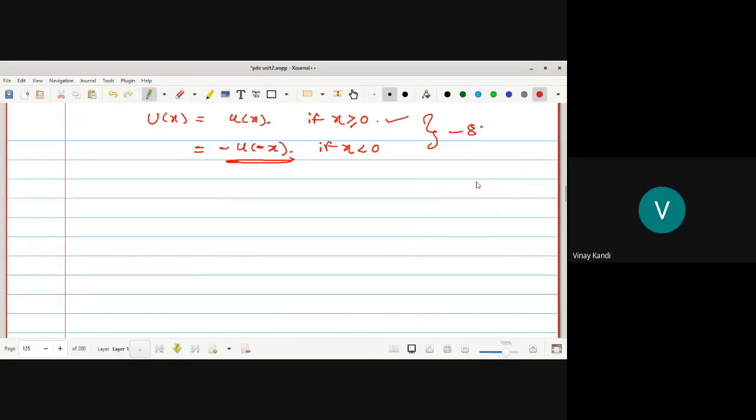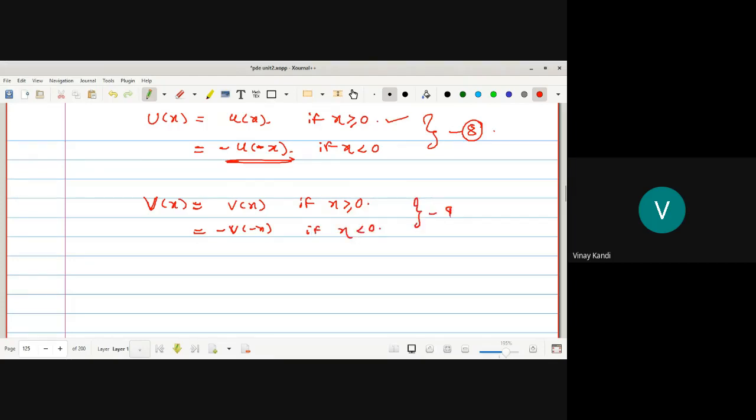Similarly for v of x, we define capital V of x equal to small v of x if x is greater than or equal to 0, and minus v of minus x if x is less than 0.